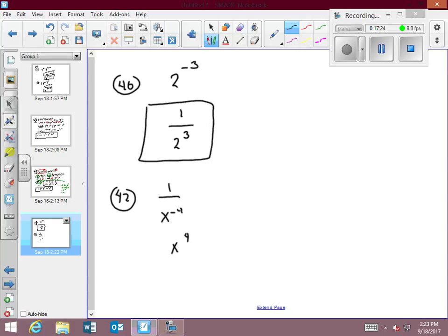If I had something like this, if I had x to the 4th in the denominator and I had an x to the 6th up here, I could write this as x to the 6th times x to the minus 4 and then go 6 minus 4, x squared, right? Because why?